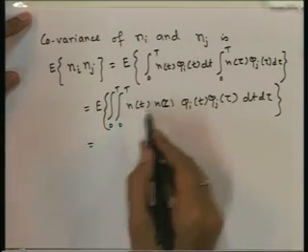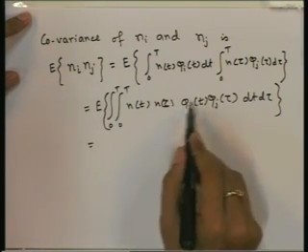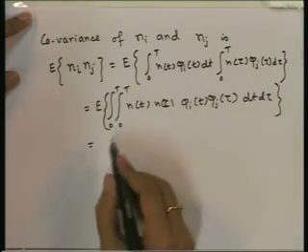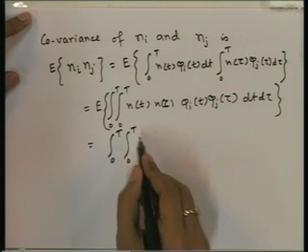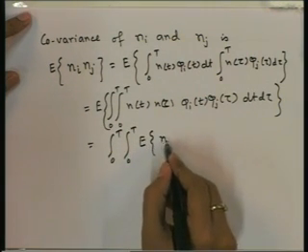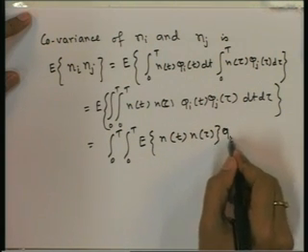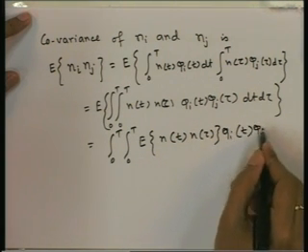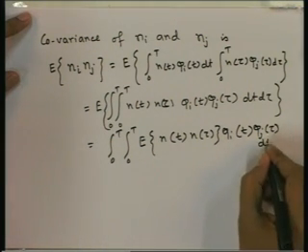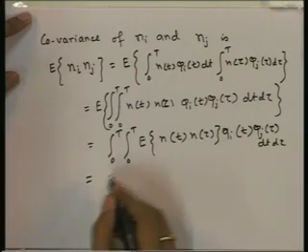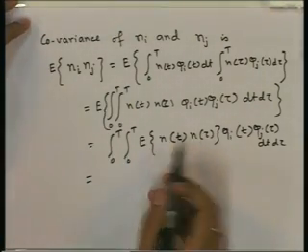Now, we can take the expectation inside, and these are fixed functions, so they can be taken outside the expectation. We have inside the expectation only N(t) and N(tau). Now, what is the expectation of the product of N(t) and N(tau)?